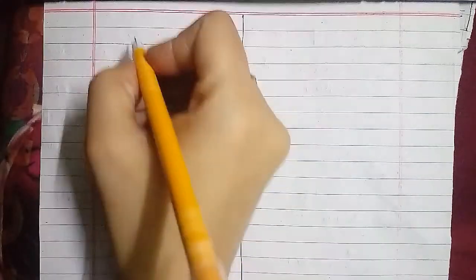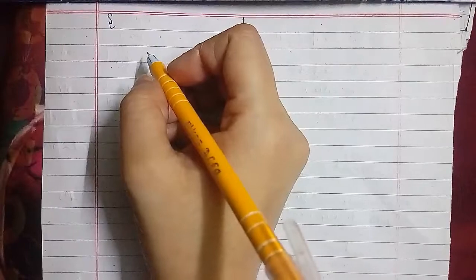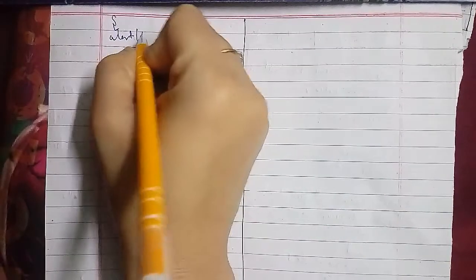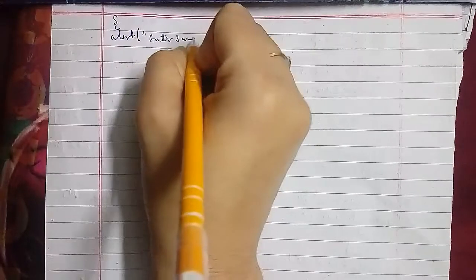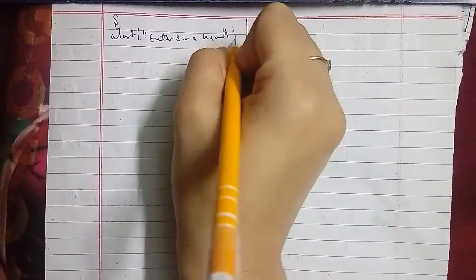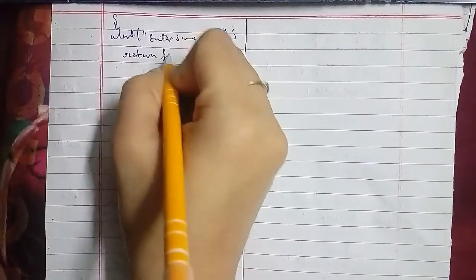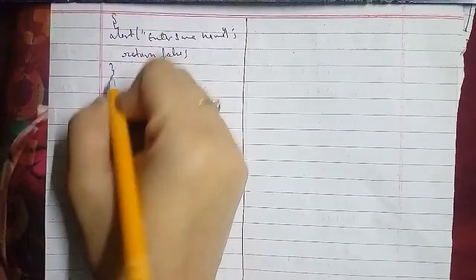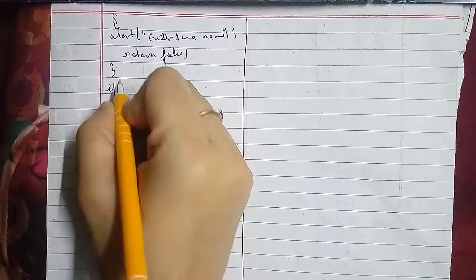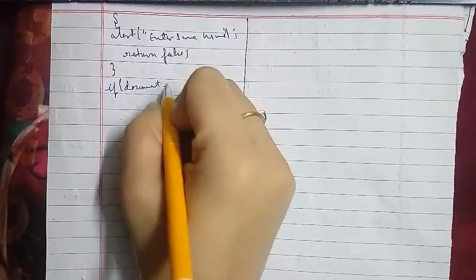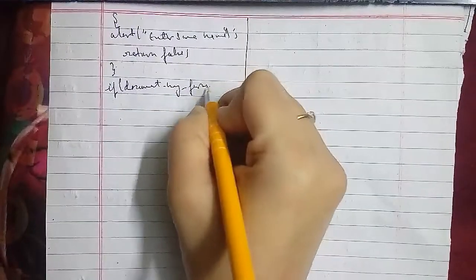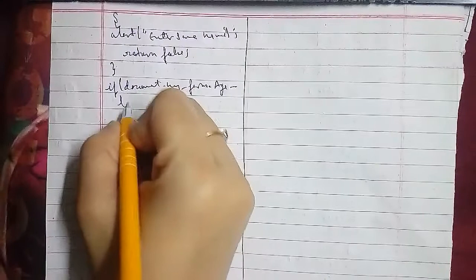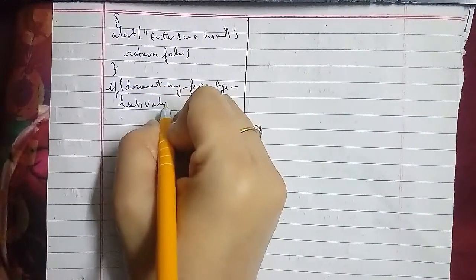Then close the bracket, then if document dot myform dot age text dot value is less than 1 and document dot myform dot age text dot value is greater than 99, then after that alert, that is invalid age.